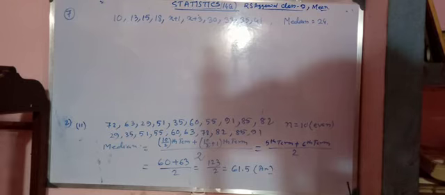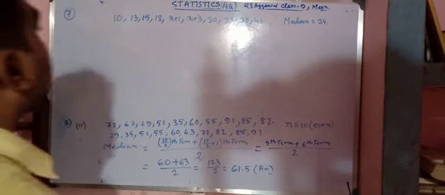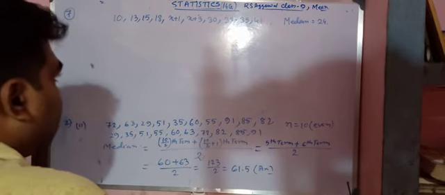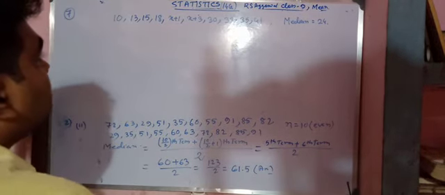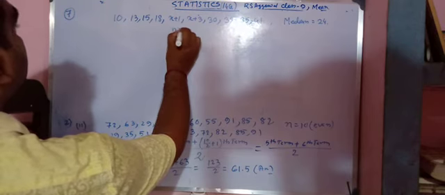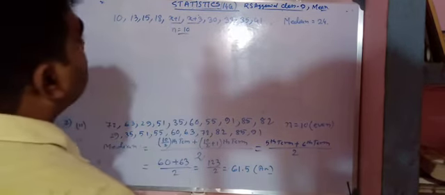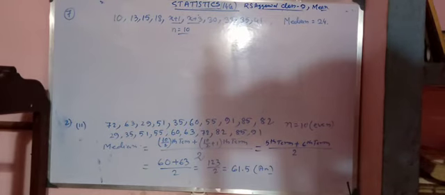Now since n is even, here n is equal to 10, so the mean of this term and this term should be the median. Understood that?